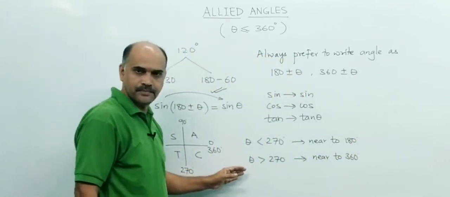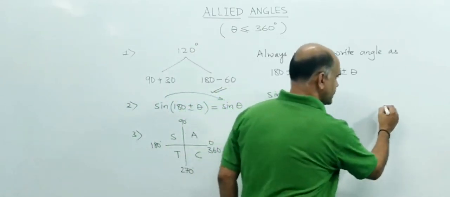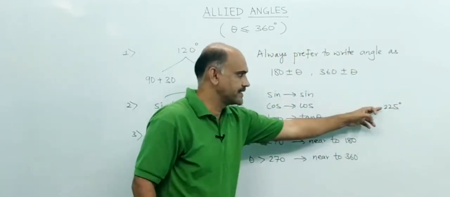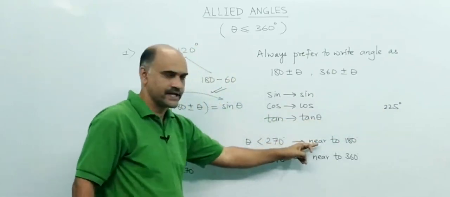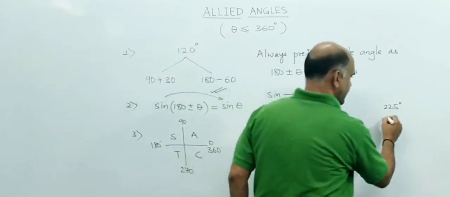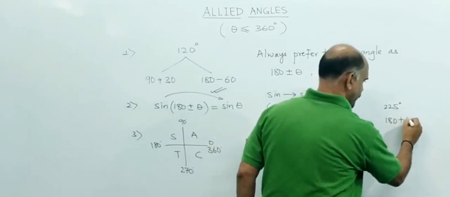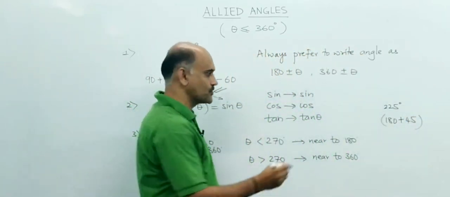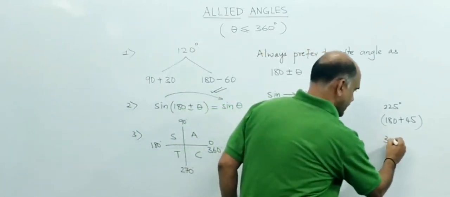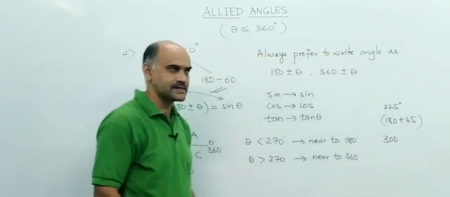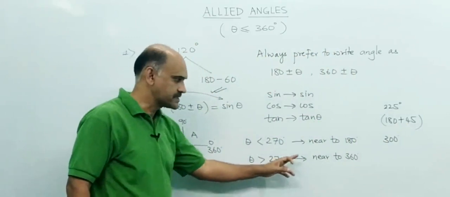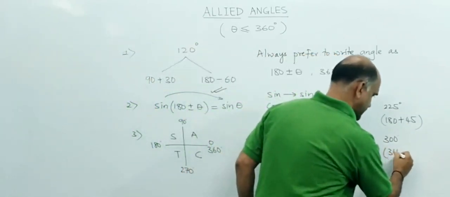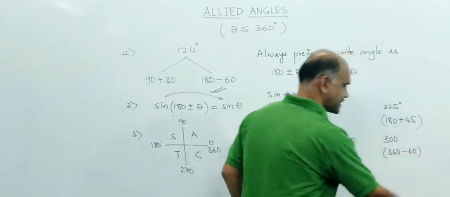For example, if the angle is 225 degree, it is near to 180, so you write this as 180 plus 45. If the angle is 300 degree, it is near to 360, so you write it as 360 minus 60.